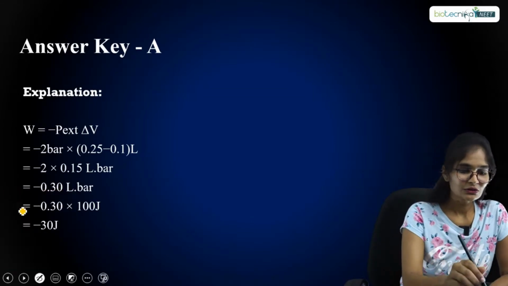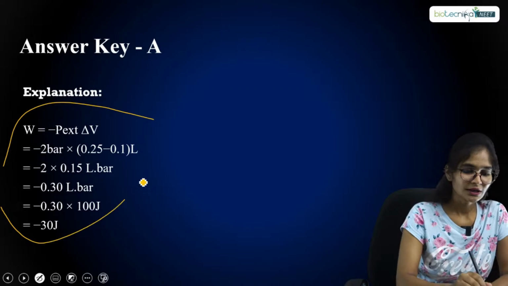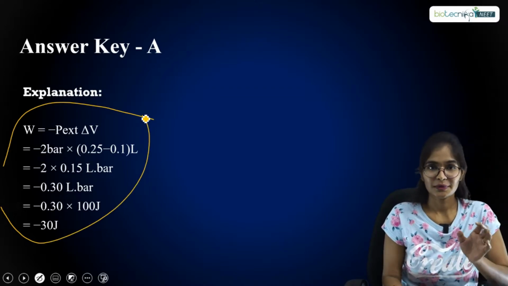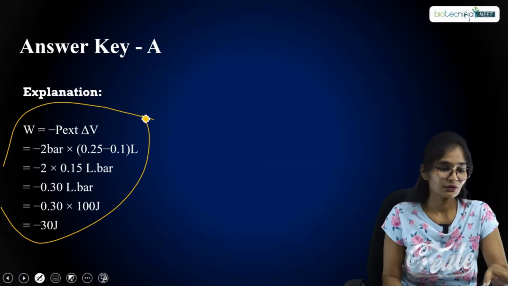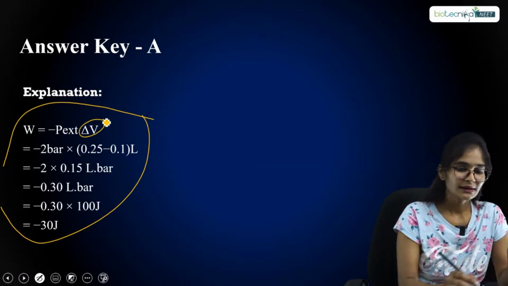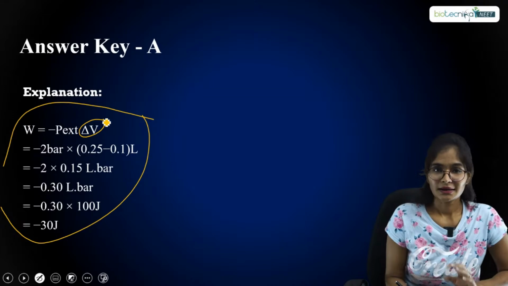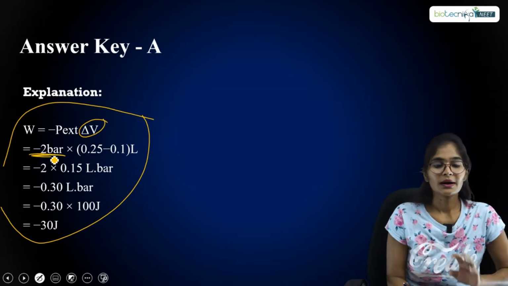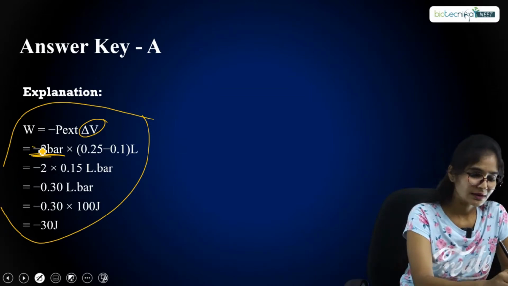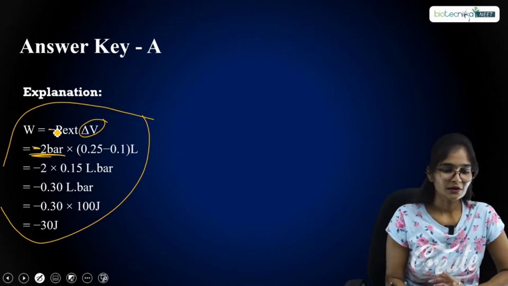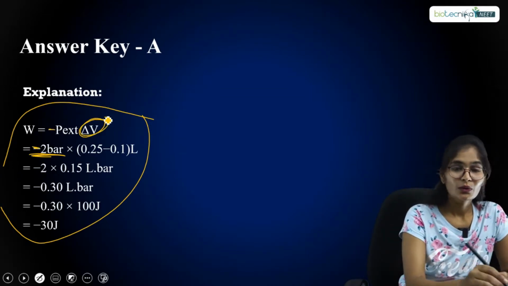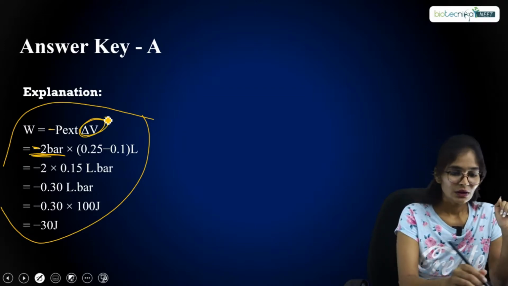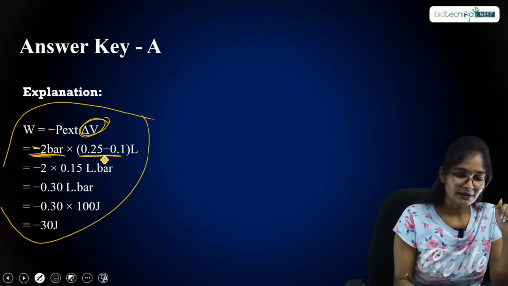Now coming to the solution part, you have your equation, that is W is equal to minus P external, that is the external pressure, times delta V. They have already mentioned P external as 2 bar, so the minus is already present in the equation. Now delta V, the volumes they have mentioned are 0.25 and 0.1, so you consider V2 minus V1.